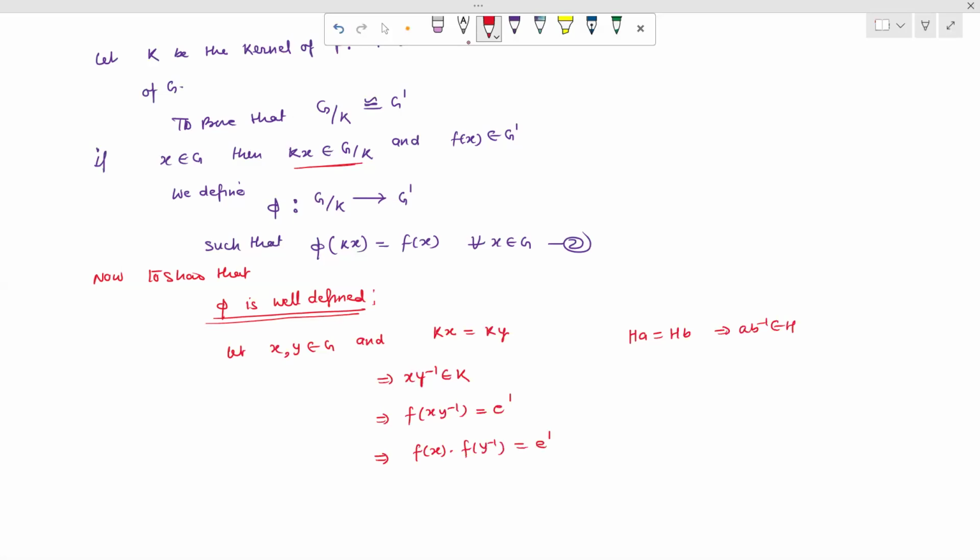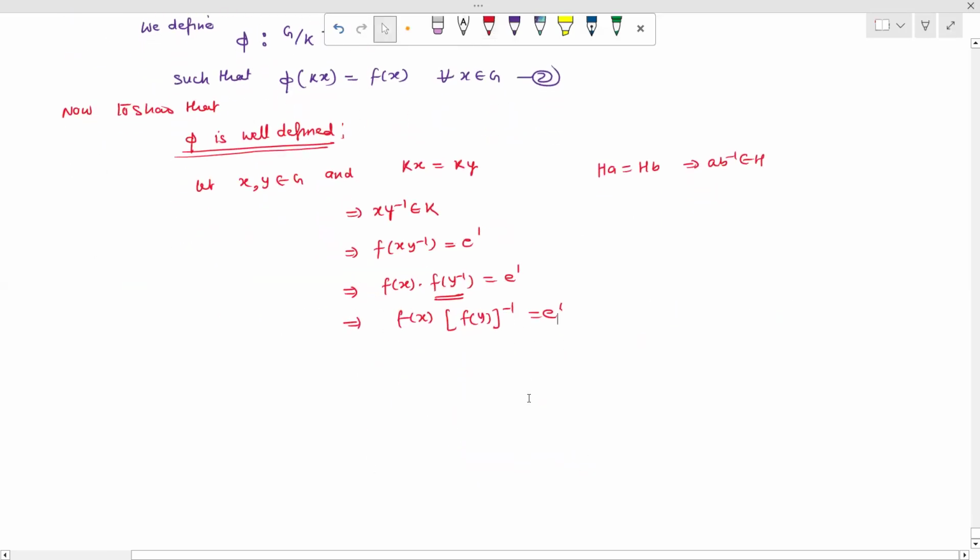This is equal to e dash. Now f(y) inverse can be written as f(y) to the whole inverse. So this is also a theorem.